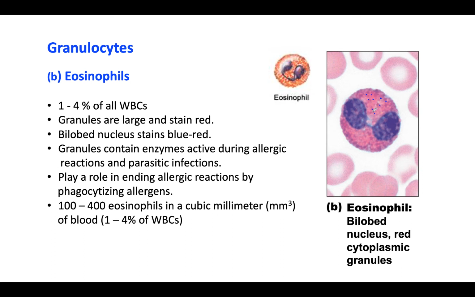Cytoplasmic granules of eosinophils stain bright red with eosin. Eosin is an acidic stain dye. The stain dye name is eosin. Since this blood cell is stained with this dye, it has the name eosinophil.